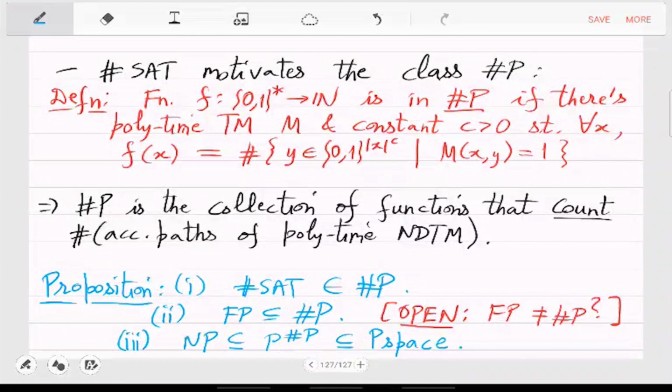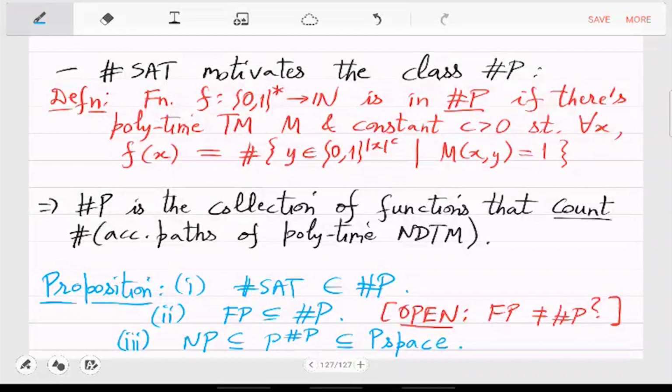So this problem defines its own complexity class #P. That is those functions which have a Turing machine whose number of accepting paths they count.